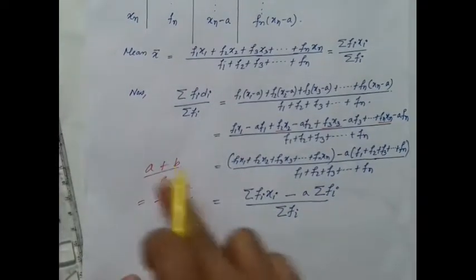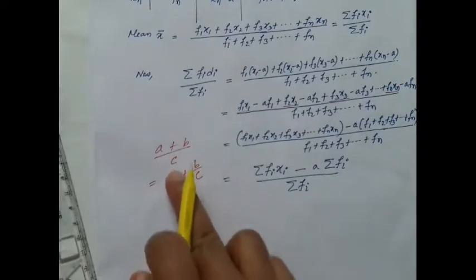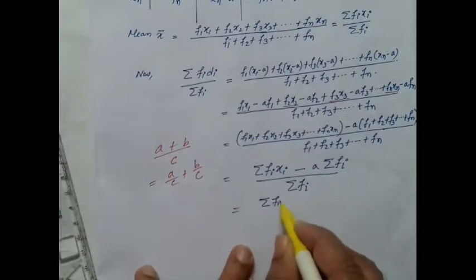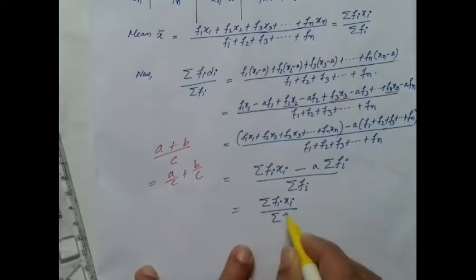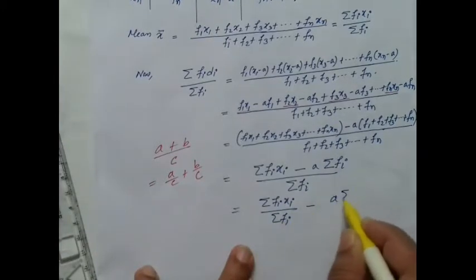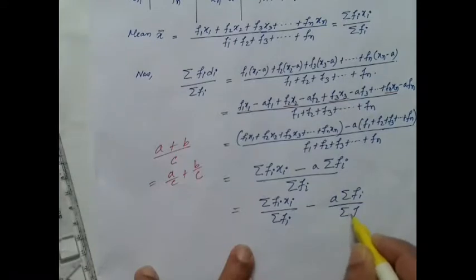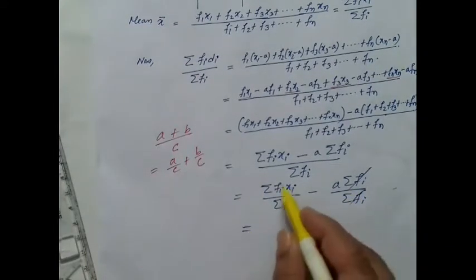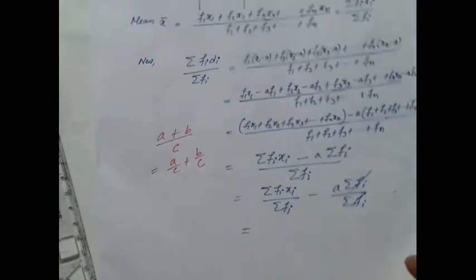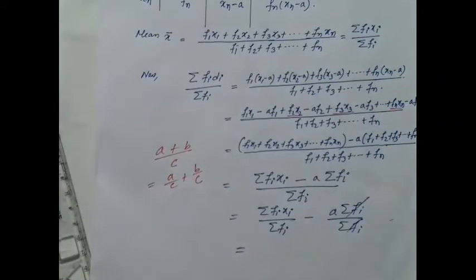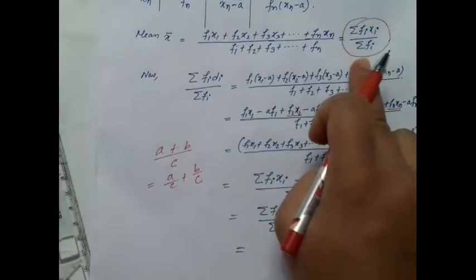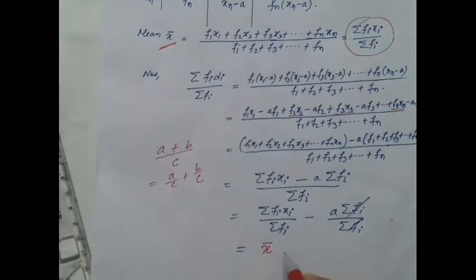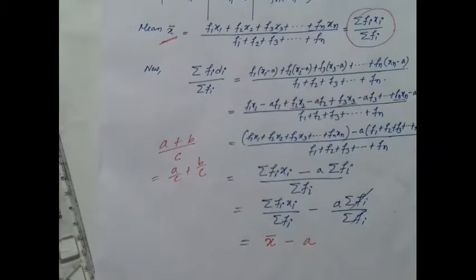Using the property that a plus b by c equals a by c plus b by c, we write summation fi xi by summation fi minus a summation fi by summation fi. Now we can cancel these two, and we get summation fi xi by summation fi, which is x bar. So we can write it as x bar minus a.